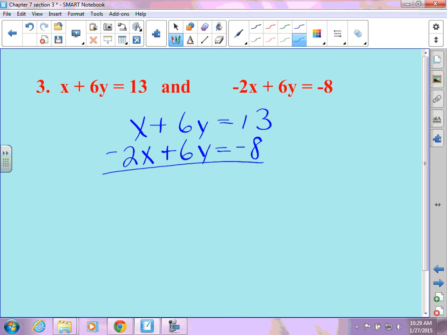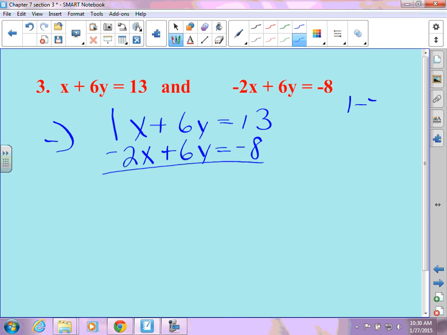All right, so I've got 1y minus a negative 2x gives me... So 1 minus a negative 2 gives me 3. So it's 3x. And kids are struggling with that last hour, so go off to the side and rewrite it. It's okay. 6y minus 6y gives me, it eliminated it, didn't it?